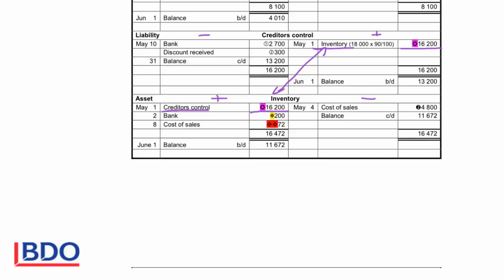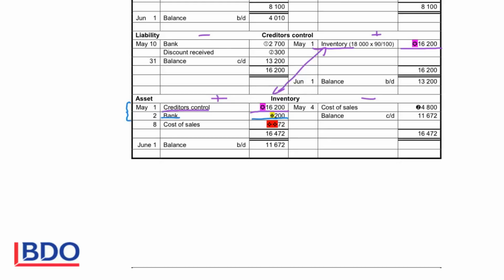The inventory account will be debited with the 200 because it increases the value of your inventory, and it means that inventory must increase on the debit side. So the actual cost price of these goods is the 16,200 that we paid for the goods plus the 200 Rand carriage to get it to your premises.